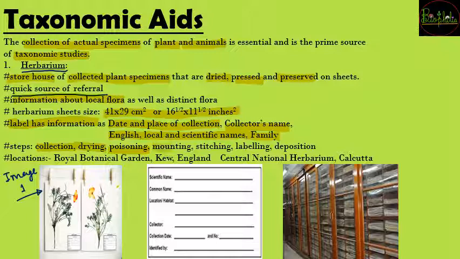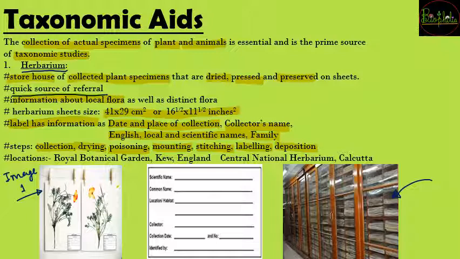Then you're going to mount it, that is you're going to secure it onto the sheet. Then for extra security you will stitch it to the paper, and then you will label to identify it later again, and then you will deposit it, that is you are going to stack it in this type of racks, and in these racks you are going to store all the collected samples.